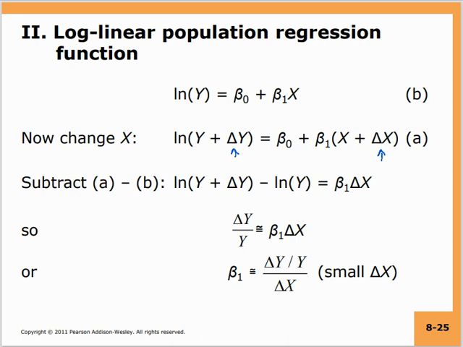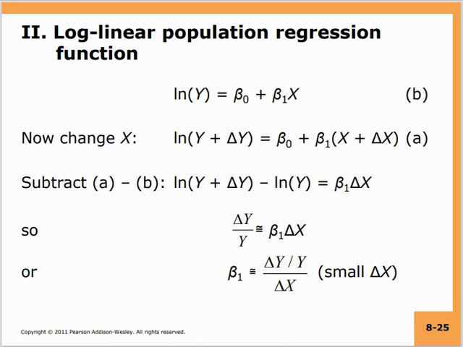So you subtract the before equation from the after equation, and what you get is log of y plus delta y minus log of y is equal to beta 1 multiplied by delta x. Again, log of y plus delta y minus log of y can approximately be written as delta y by y.